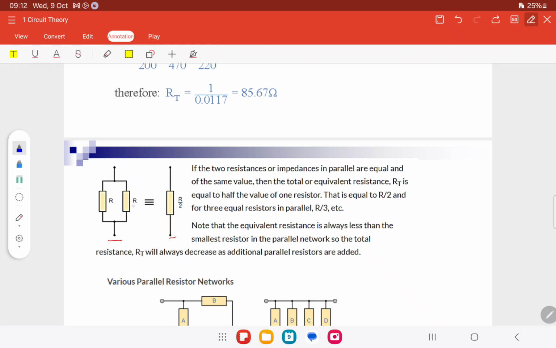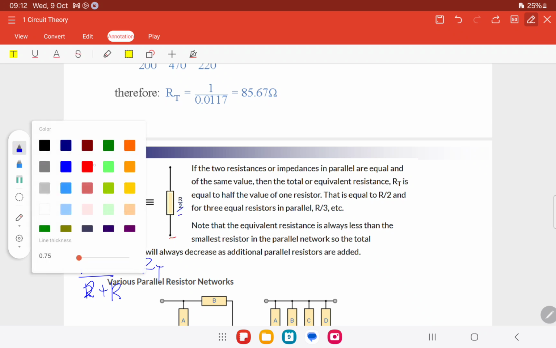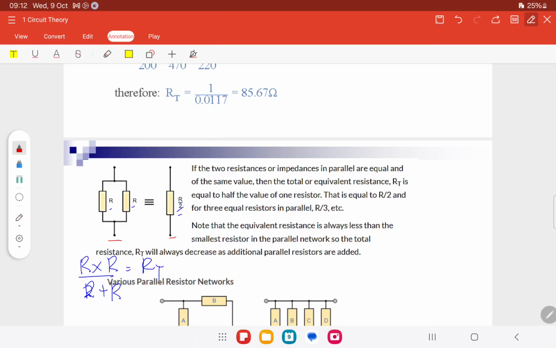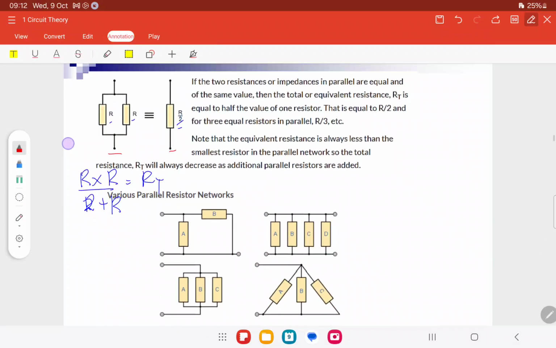This is parallel the 2R. So bila kita solve this 2R, dia boleh dapat R over 2 sebab dia R plus R kan. Okay. So dia kalau 2 lah, tu yang dapat ni. Kalau 3 lain lah pula kira dia. Alright. So that is for resistor.